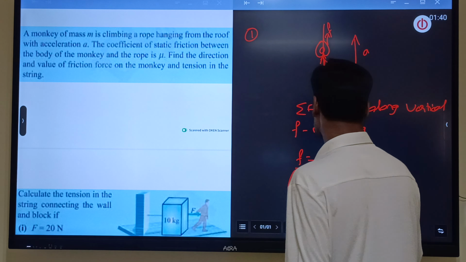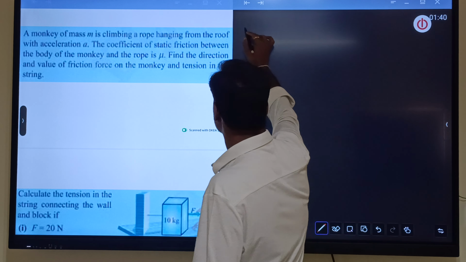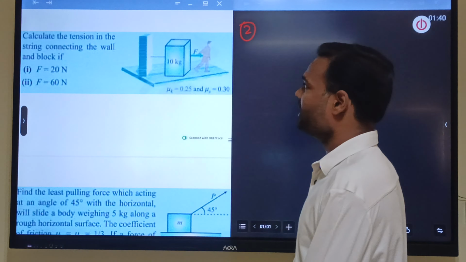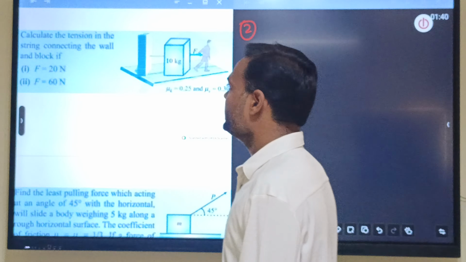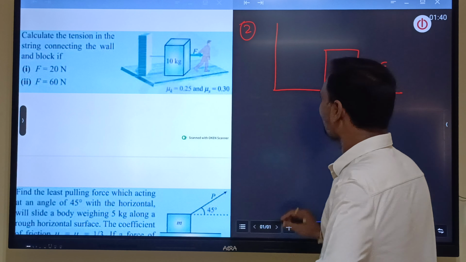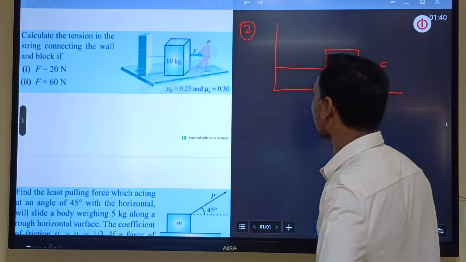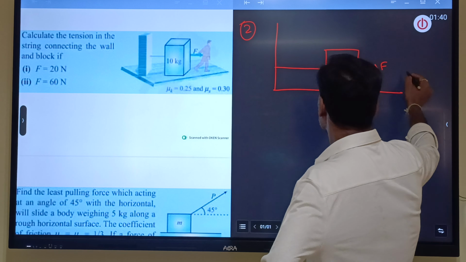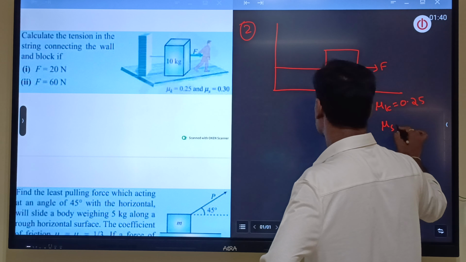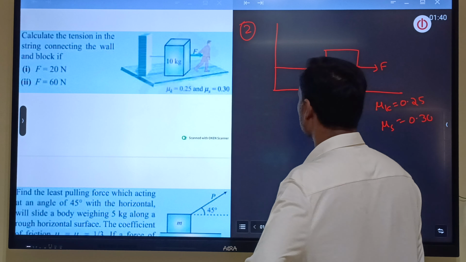Then the second one. Calculate the tension in the string connecting the wall and block. Suppose a block is present, which is 10 kg, and a force is acting like this, and the string is placed like this, and the mu k value is given as 0.25 and the mu s value is given as 0.30.